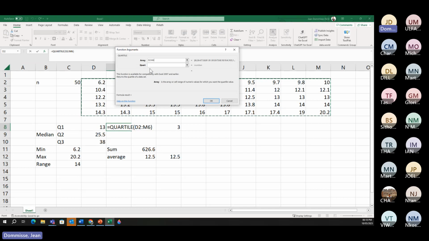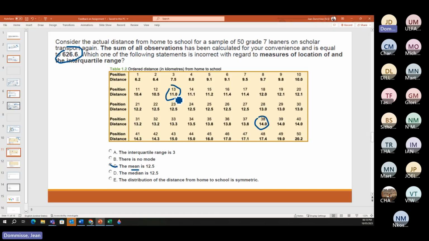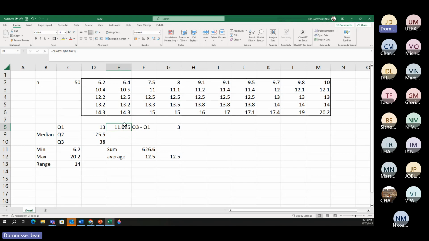So that is definitely the big difference in this one. You could see that even though the number we are looking for is 11.0, it calculates it with that extra 0.75 that it should be.